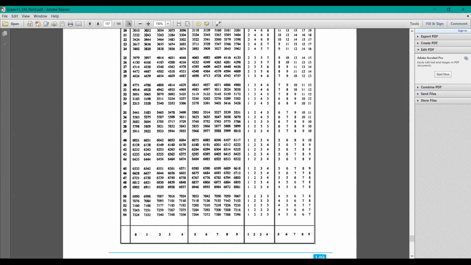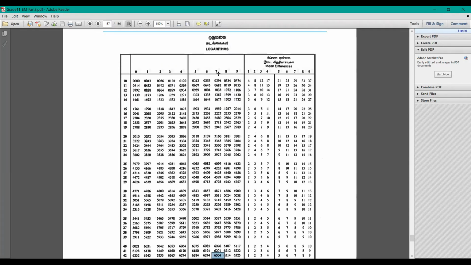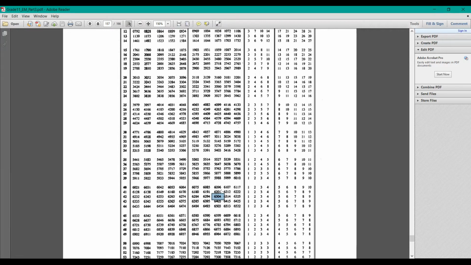You can see 6365, 6355, 63... Right, here it is, 6304. You have the closest one down. So it will be 4.27, 4.27 you have, but you have 631.